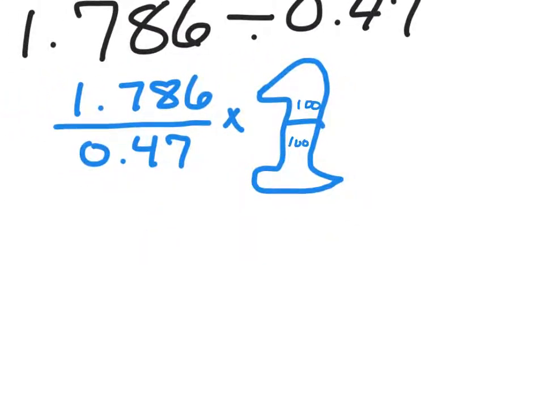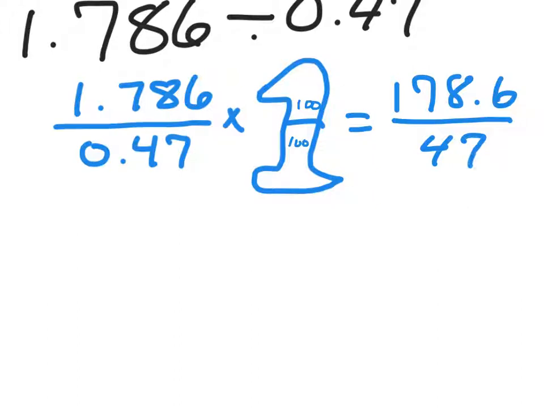So now I'm going to simply take the 1.786 and multiply it by 100, and that's going to give me a new numerator, which is going to be 178.6, right? And then that's going to be divided by 0.47 times 100, which will give me 47. Bam! I love it.